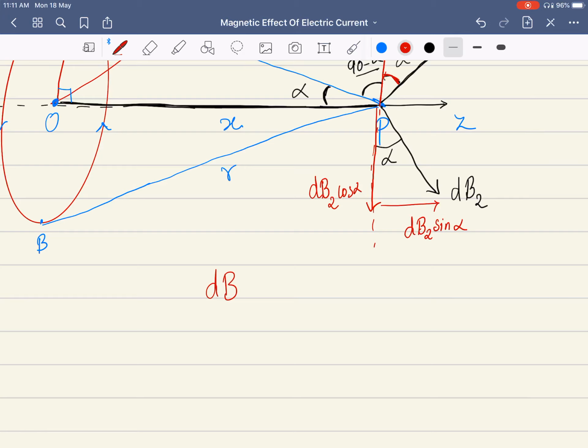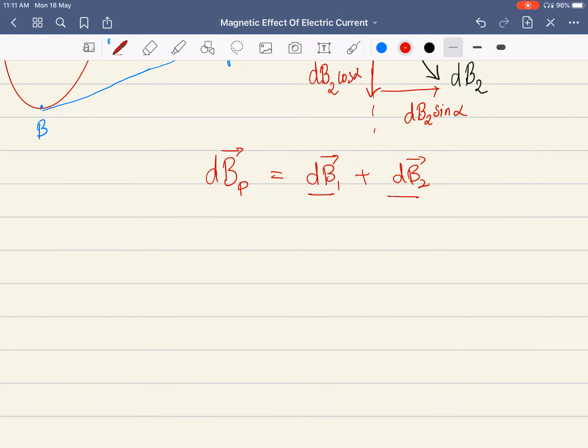The magnetic field produced at point P, in vector form, is delta B1 vector plus delta B2 vector. But in this, the vertical components cancel each other; only horizontal components are getting added up.